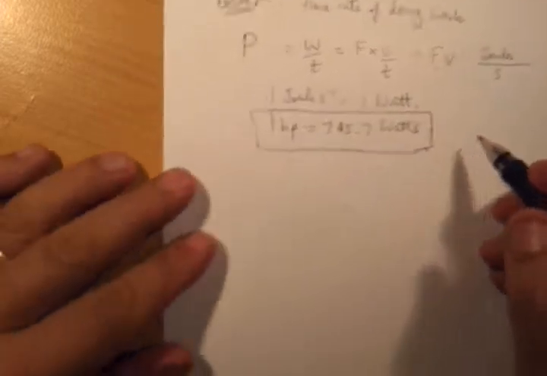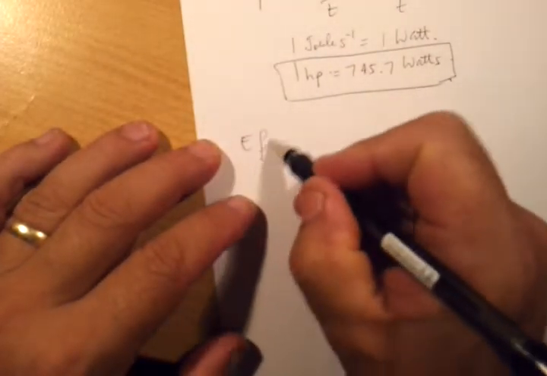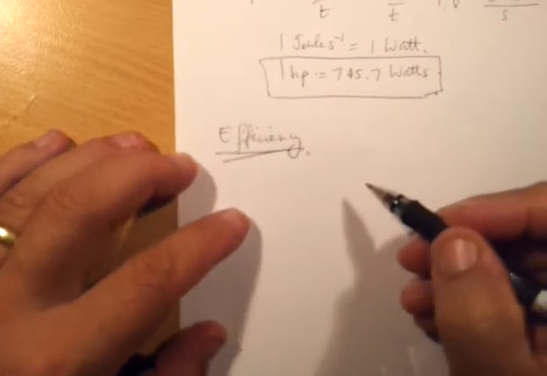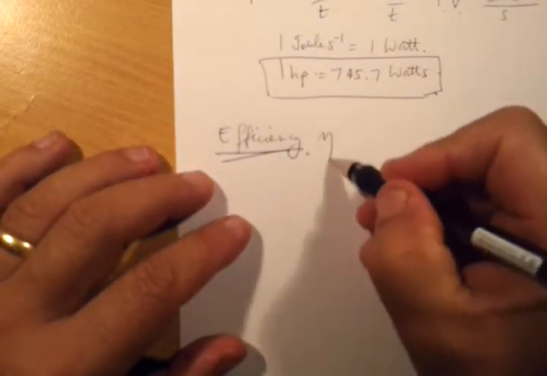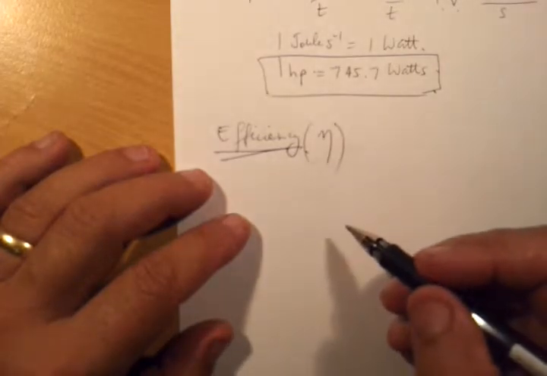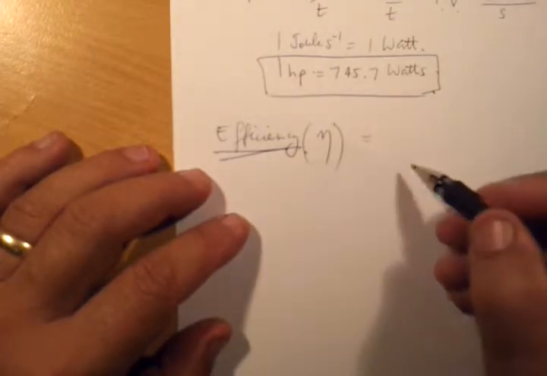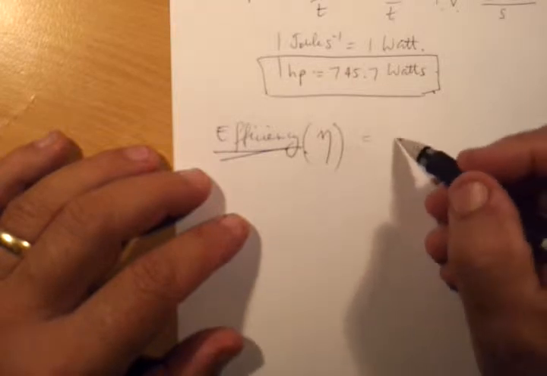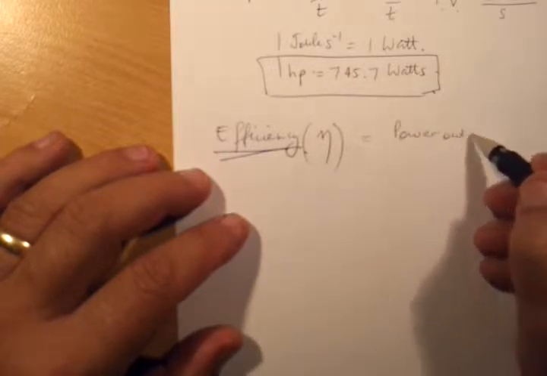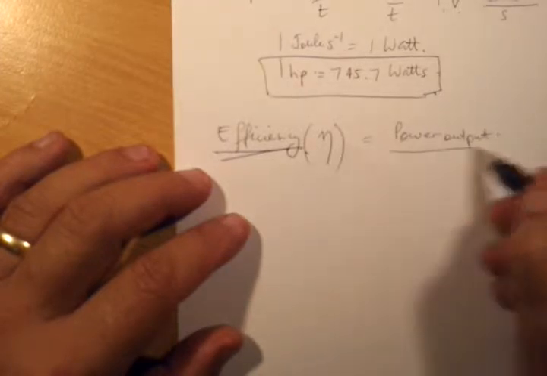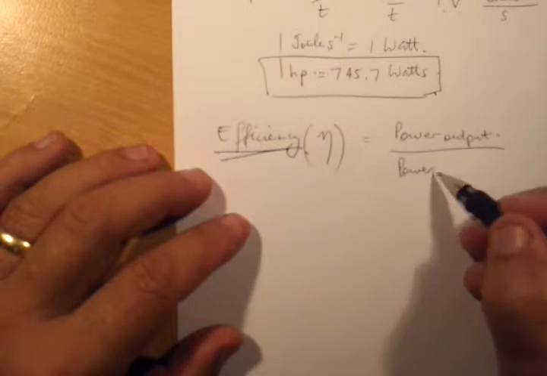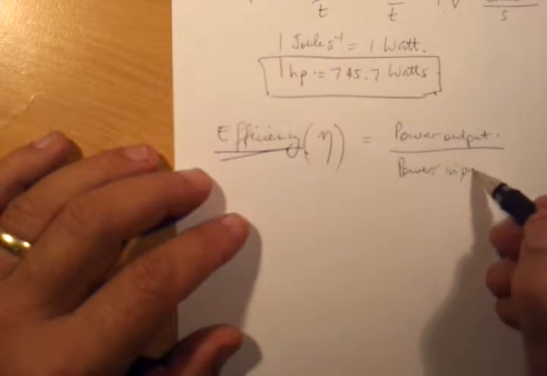And lastly, but not leastly, the concept of efficiency. Efficiency is given the Greek letter eta, and it equals the power output of a device divided by the power input.